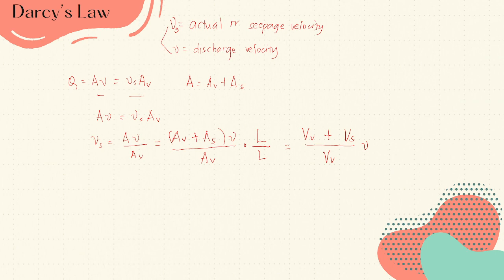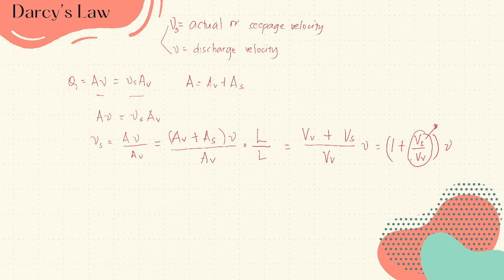And we can rewrite this as 1 plus V sub S over V sub V, times the discharge velocity.